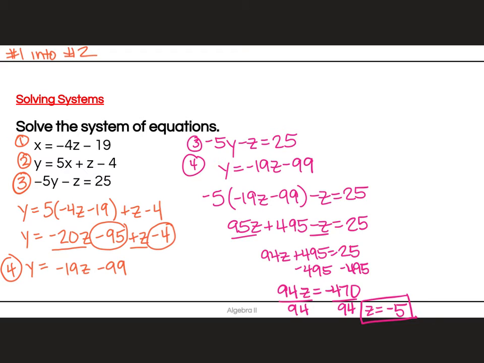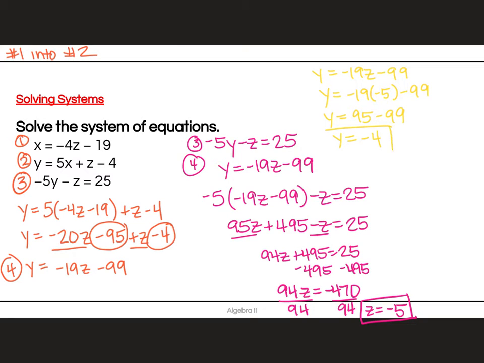Now I can take this value for z, negative 5, and plug it back into number 4 to get a value for y. y is equal to negative 19z minus 99, so y is equal to negative 19 times negative 5 minus 99. 19 times 5 is 95, minus 99, so y would be negative 4.